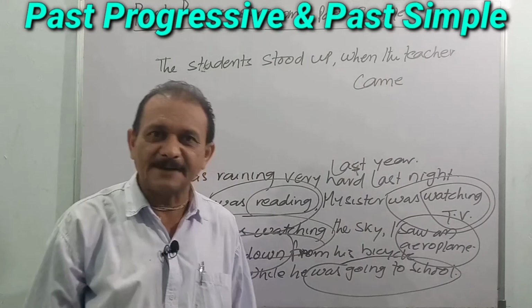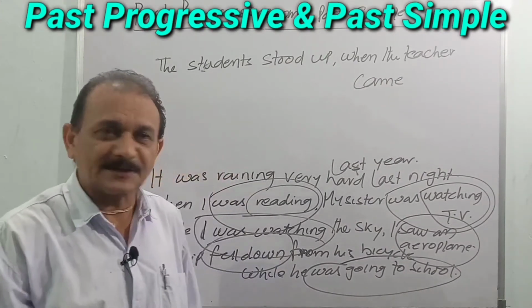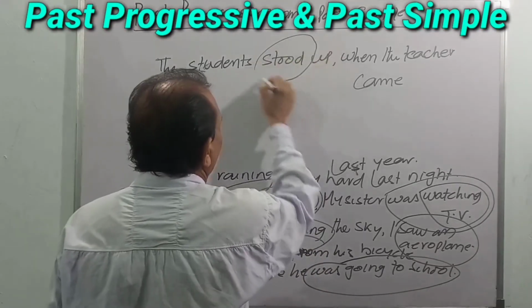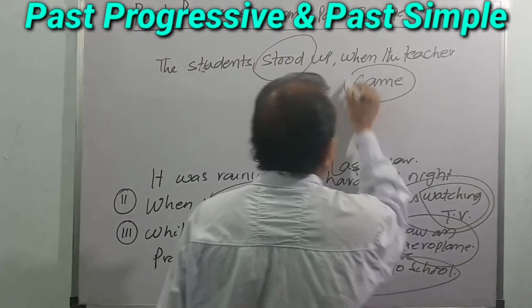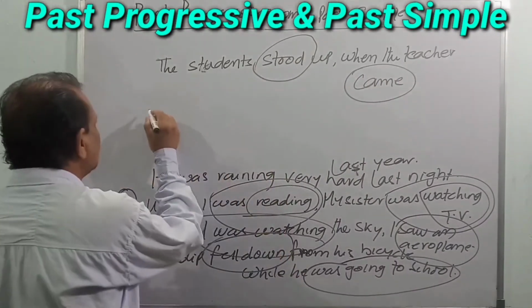When the teacher came, the students stood up. The actions happened in a sequence. So in this place, we use past simple in both sentences. Came and stood up.